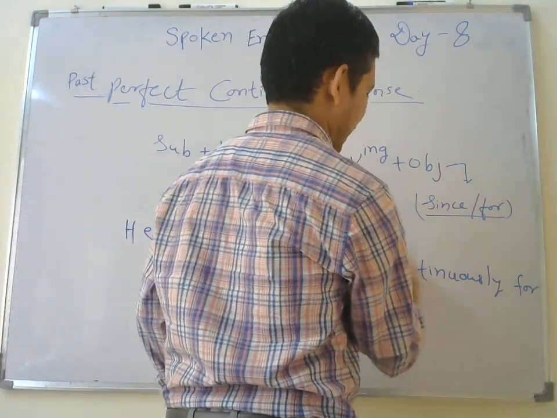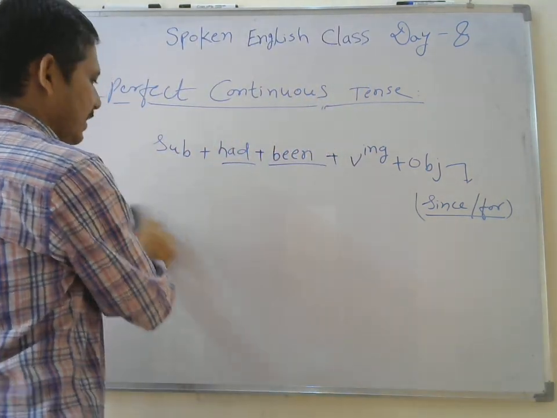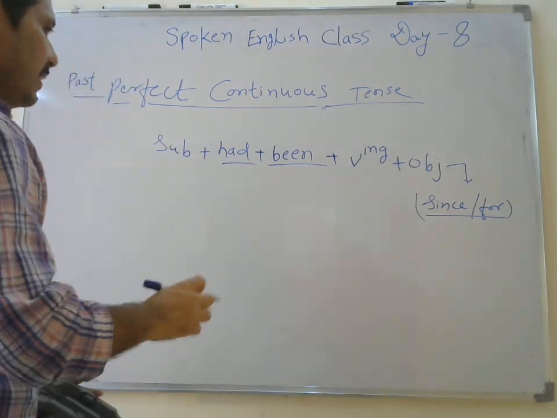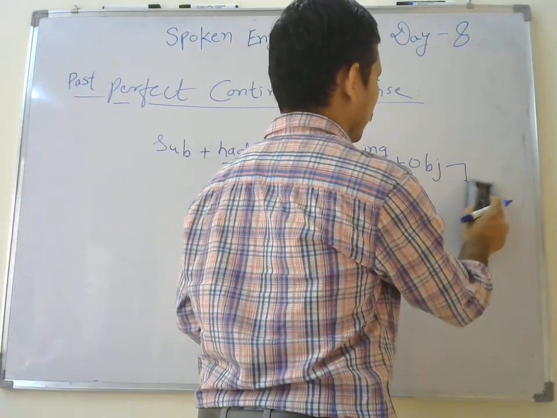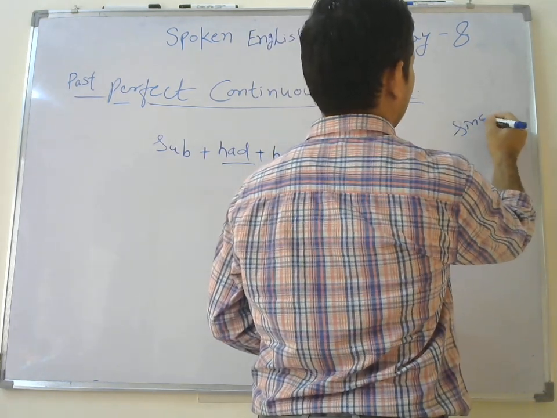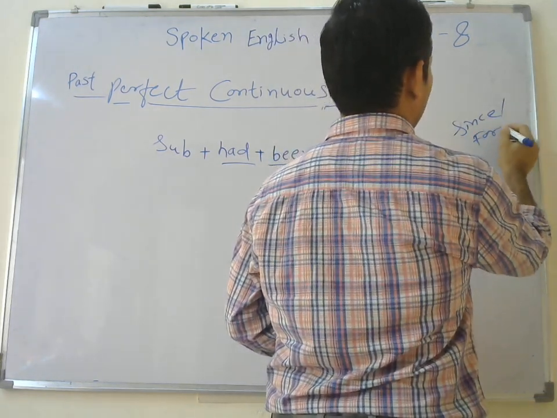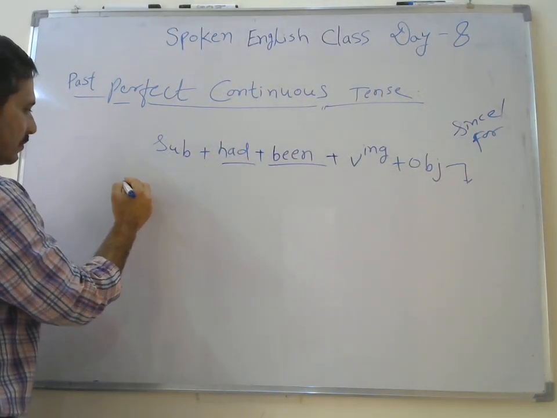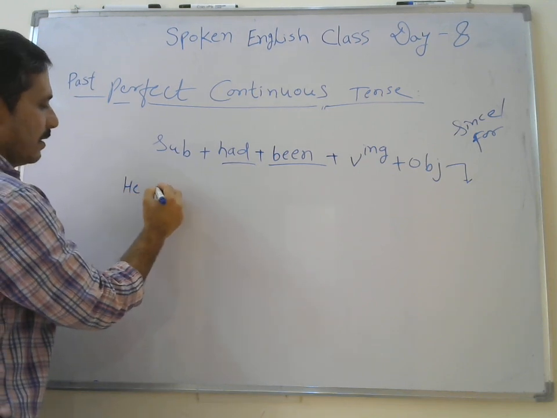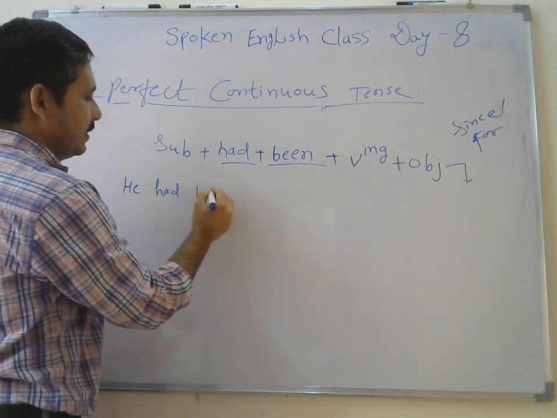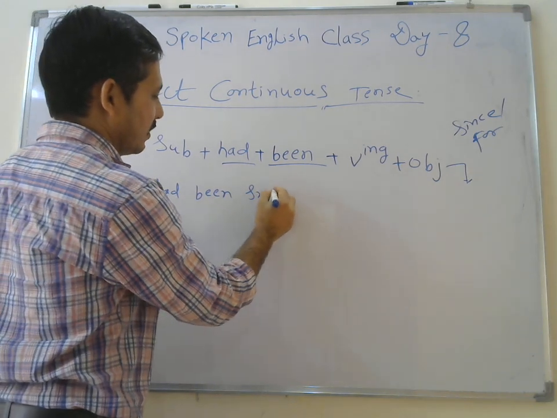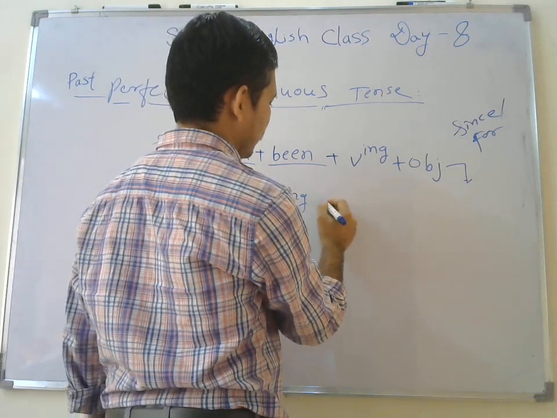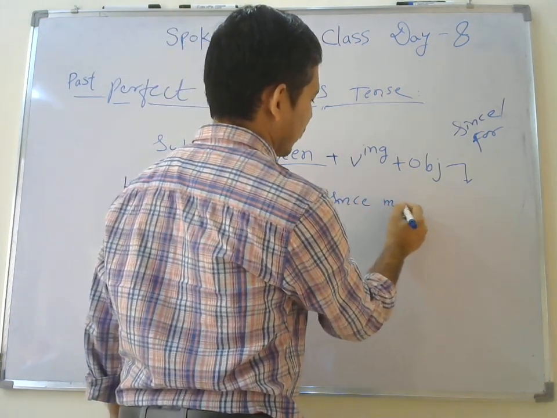We'll proceed with negative and interrogative sentences. I hope the use of since and for is clear. Let me write one example for since also. He had been smiling since morning.